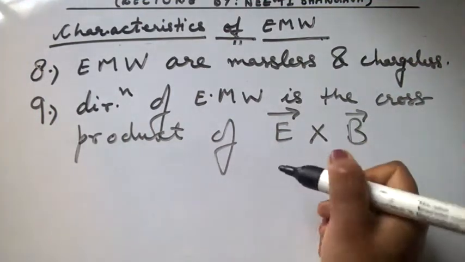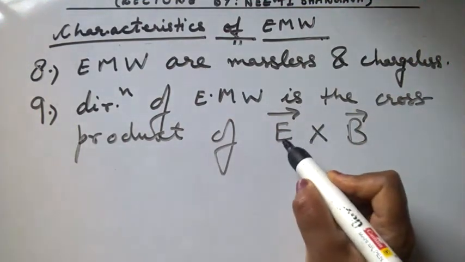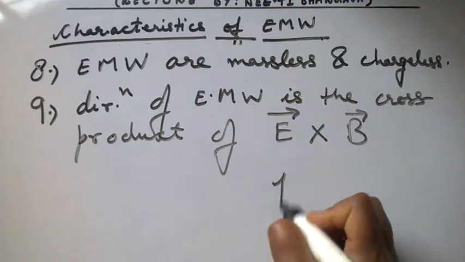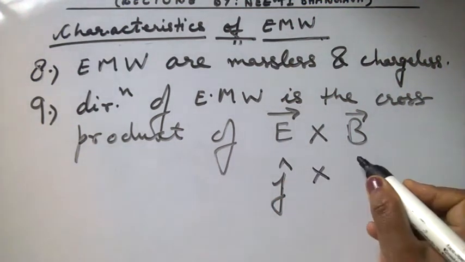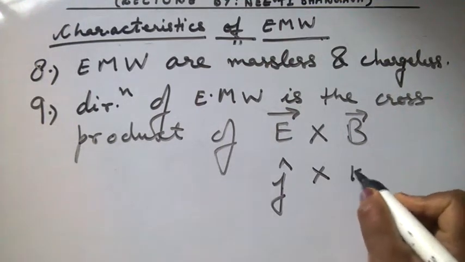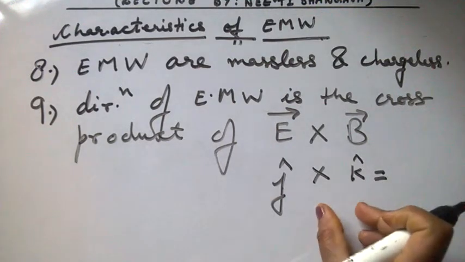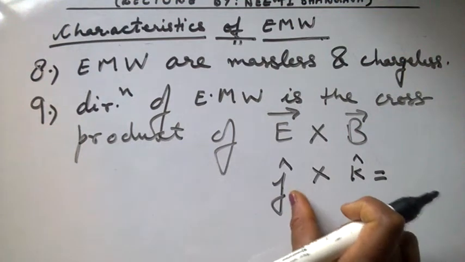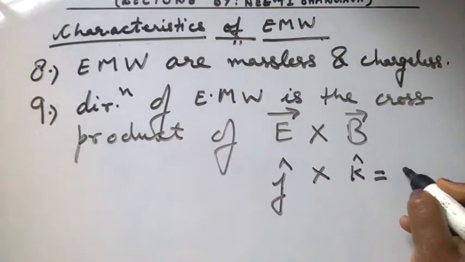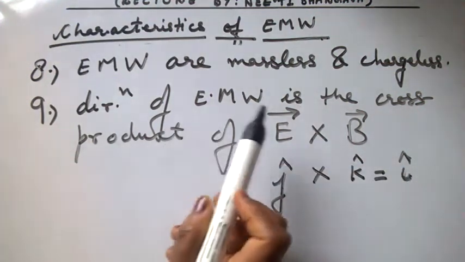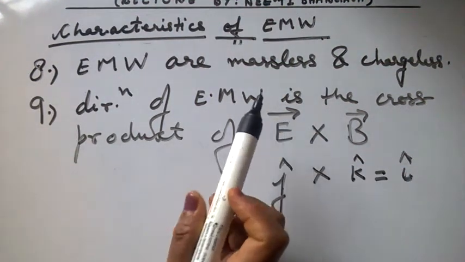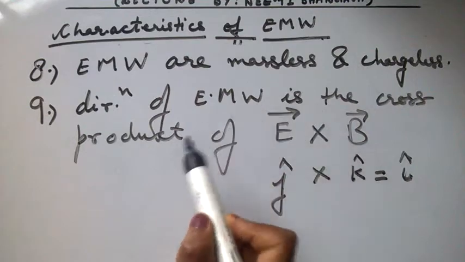Let us suppose we have taken the electric field in the y direction, so it can be considered as j cap, and the magnetic field along the z axis, then it can be taken as k cap in terms of unit vectors. We know that j cross k gives us i cap. So the direction of propagation of the electromagnetic wave can be taken as the cross product E cross B.